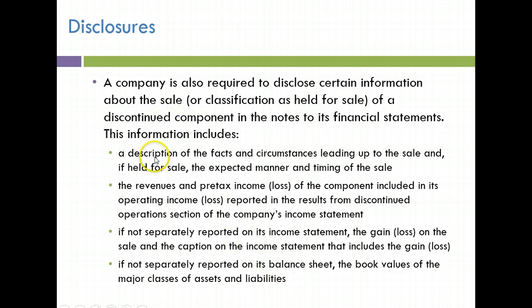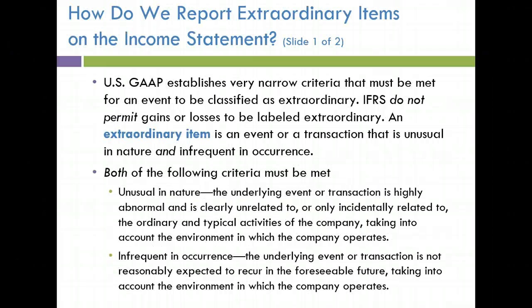So know that even though they're shown in the financial statements, they are still required to show in the disclosure section the detail around what was being disclosed and the breakdown of all the detail related to the assets, liabilities, the income from that discontinued operation.